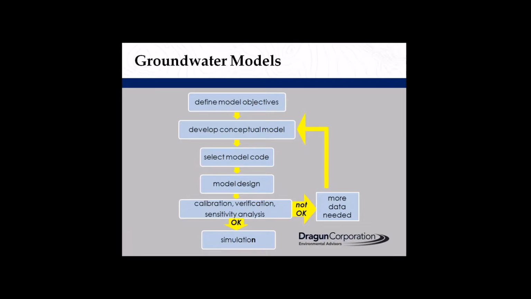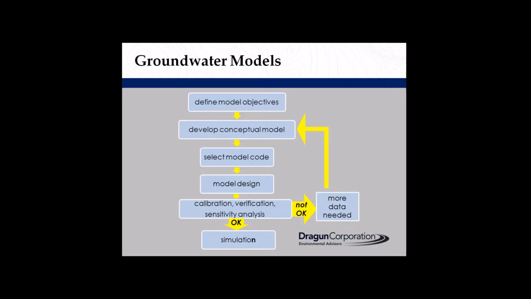So the process is shown schematically here in this decision tree, and the way we start is getting together and defining what the objectives are for our model. Separately, you develop a conceptual model, which is the understanding that you have of the physical system.